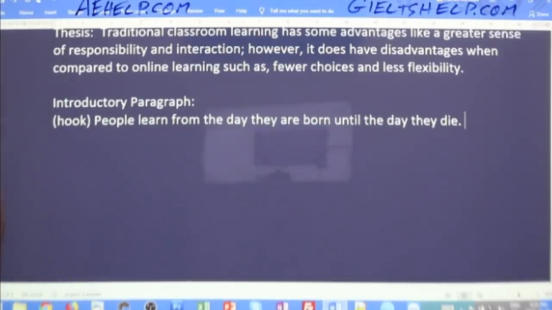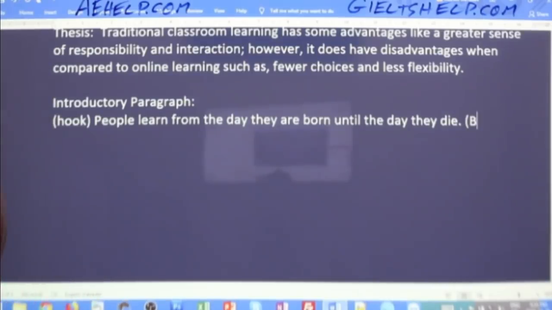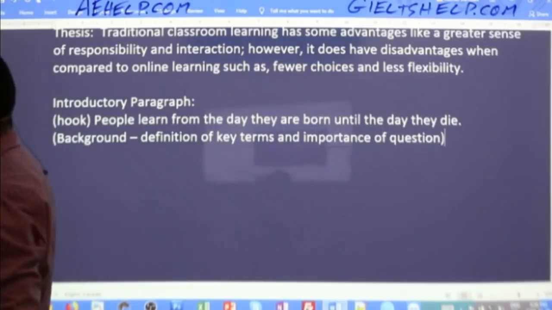And then we write the background, okay? Again, for those of you who don't know, the background is very important in the introduction. The background is the definition of key terms and the importance of the question. So that's what the background includes.